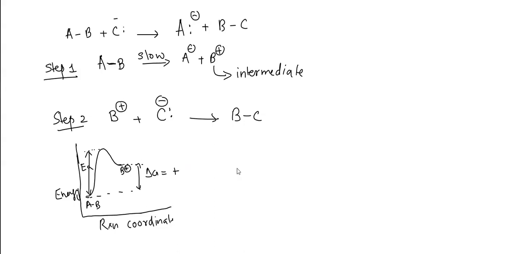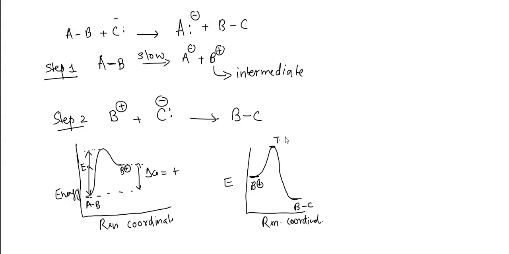Now how will my second step look? The second step, again, energy versus reaction coordinate. The intermediate will be at a higher energy state, and then the product will be at a lower energy state. So this is my B plus, and here is my BC, and this is my transition state.